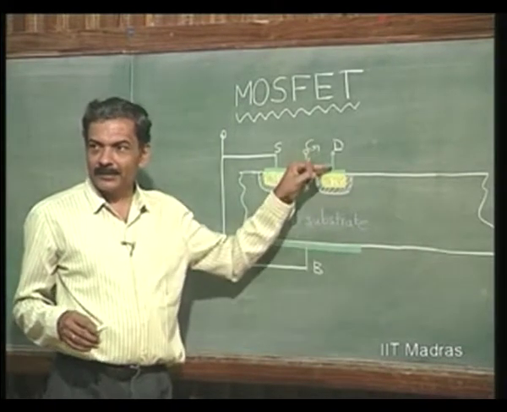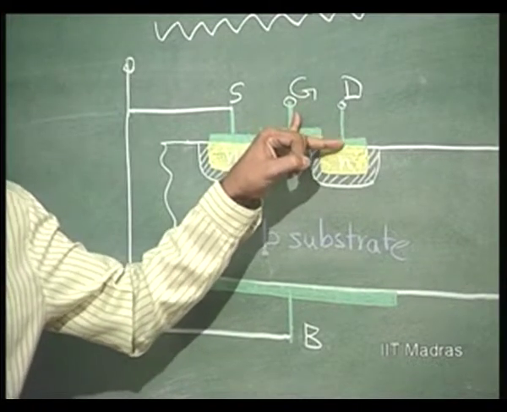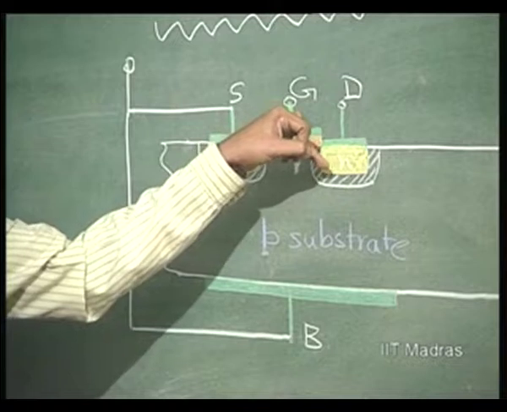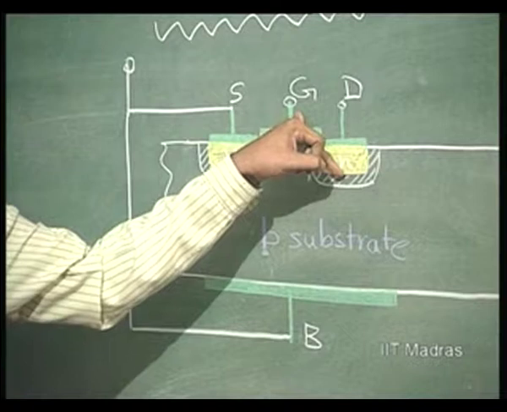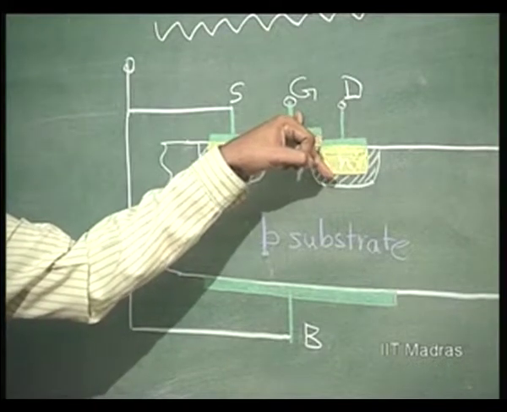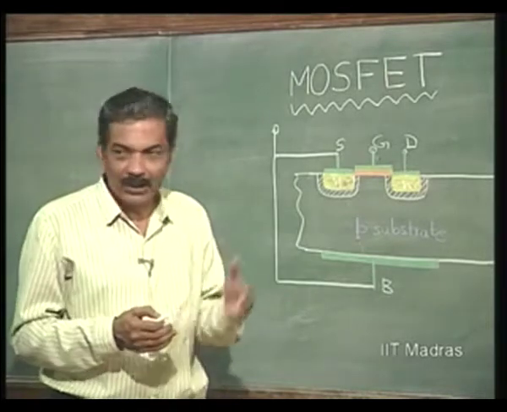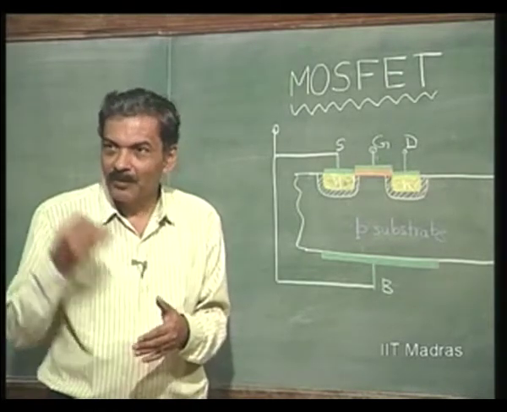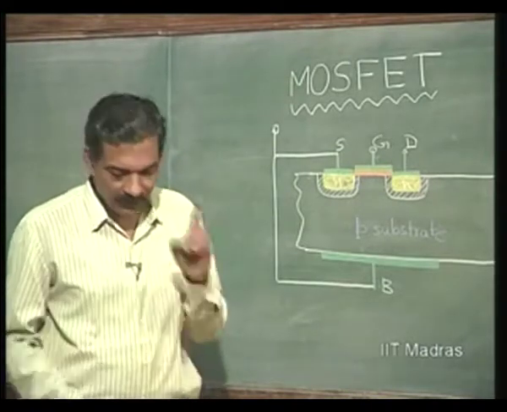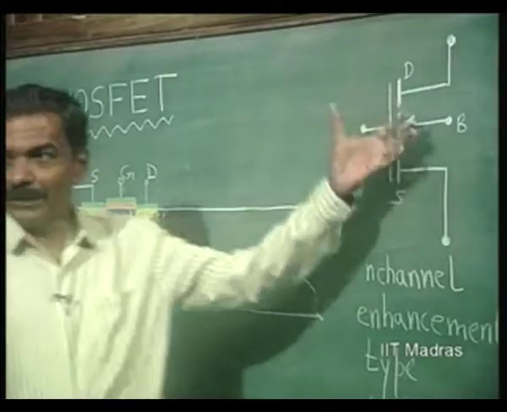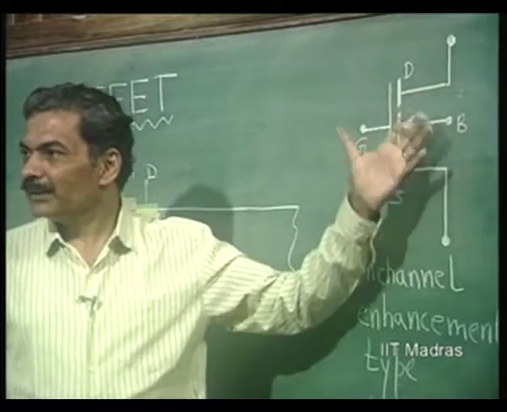So, P to N, always arrow is indicating the actual direction of flow of current, P to N. Whether it is a diode or a transistor, always from P to N the arrow is marked. Okay. Is this understood? Whether it is a bipolar transistor, okay, or a MOSFET or a diode, from P to N always the direction of the arrow is marked. So, that will make you remember how to remember the symbol for each of these.